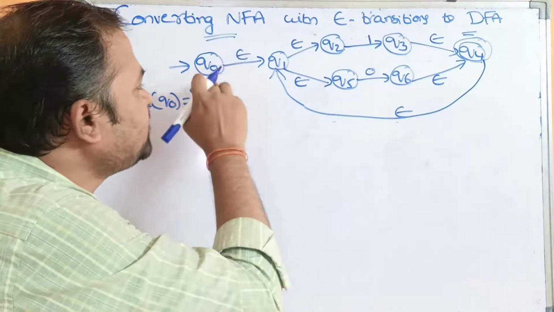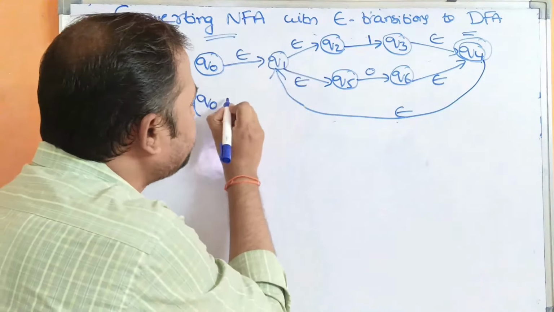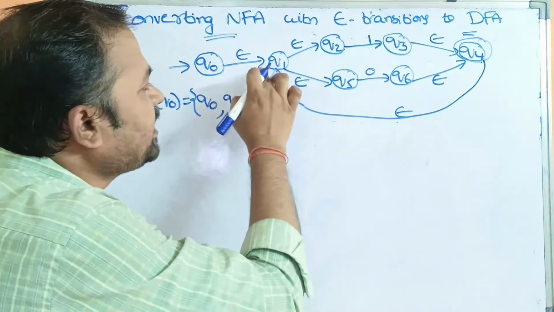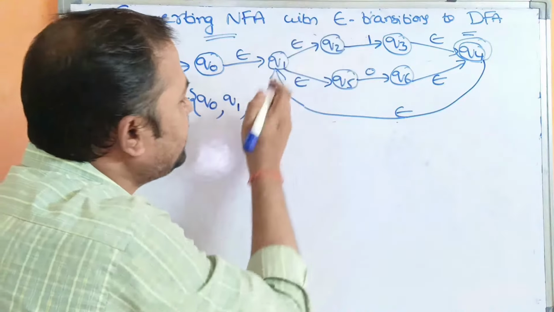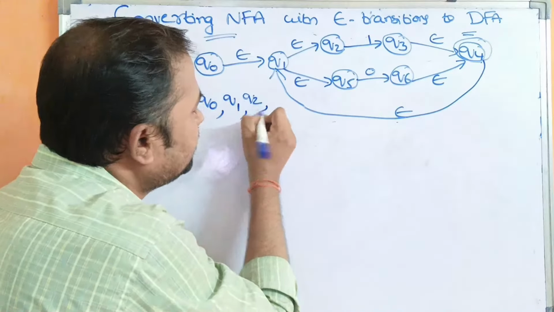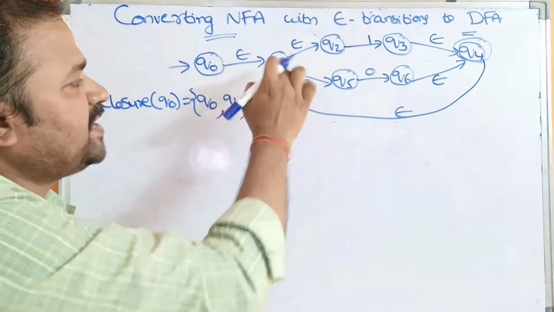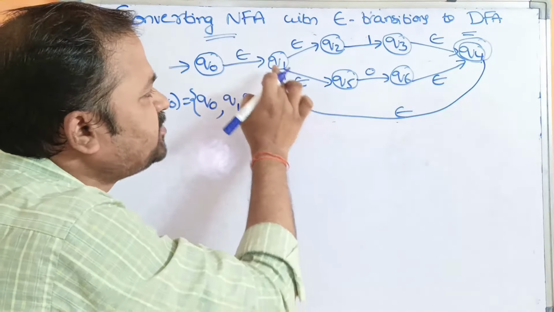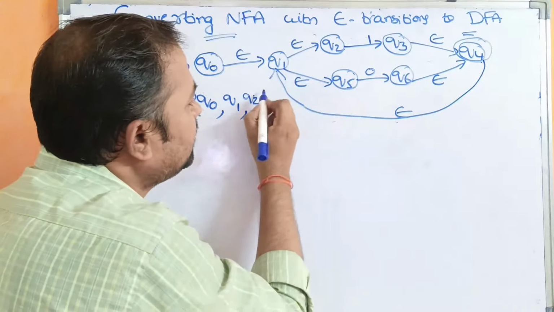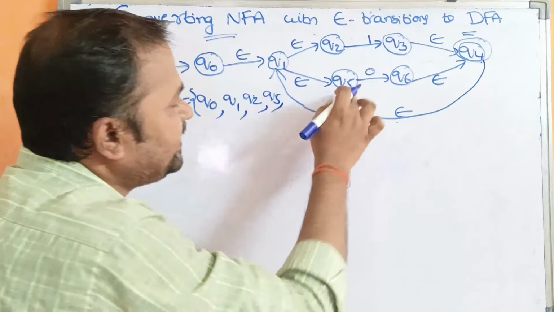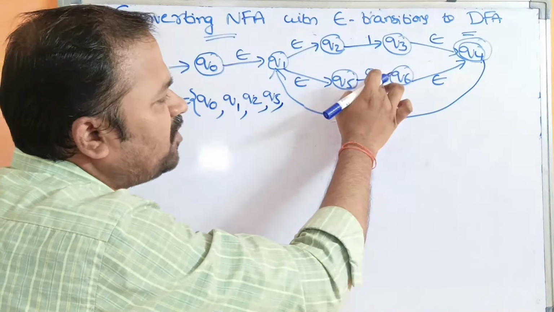By applying epsilon on Q0, we can move to the Q1 state. Again, by applying epsilon on Q1, we can move to the Q2 state. From Q2 we don't have an epsilon transition, so we come back. By applying epsilon on Q1, we can go to the Q5 state. Next, we don't have any epsilon transition.